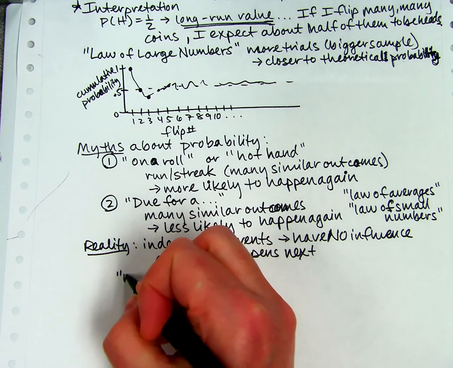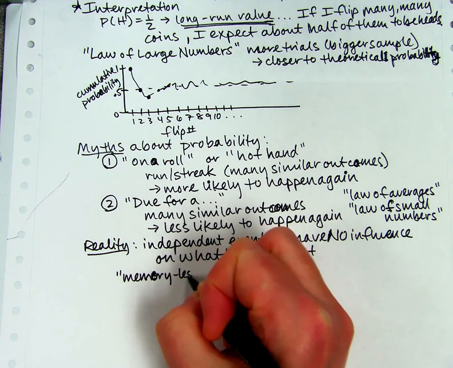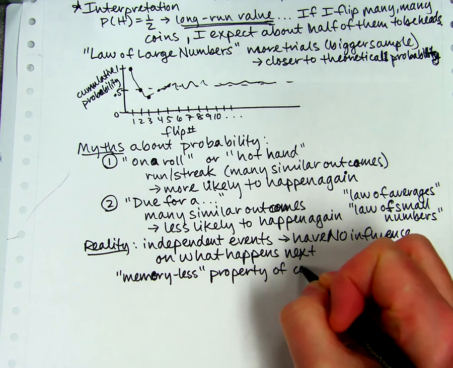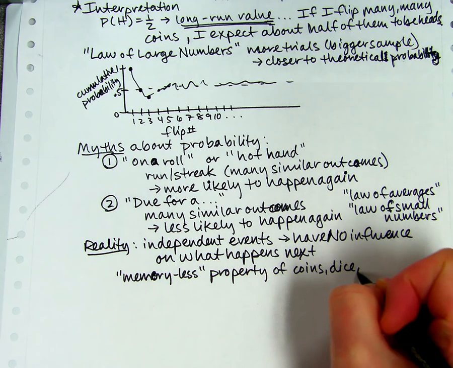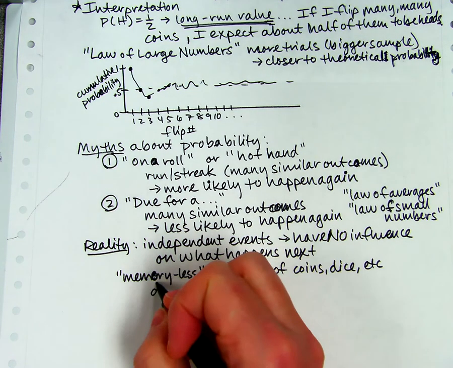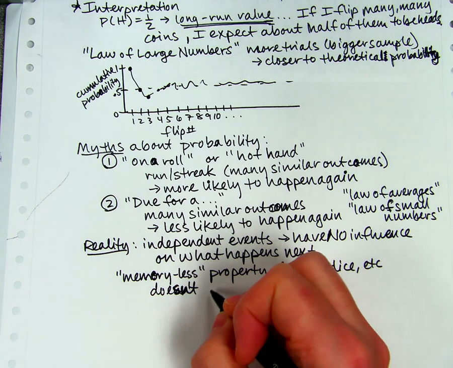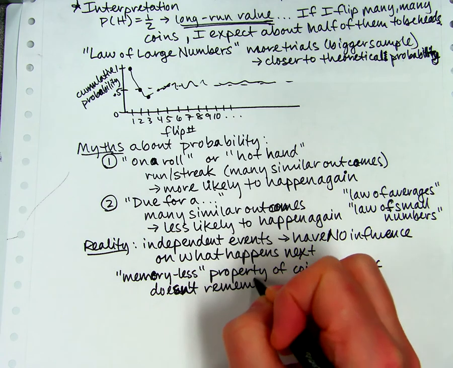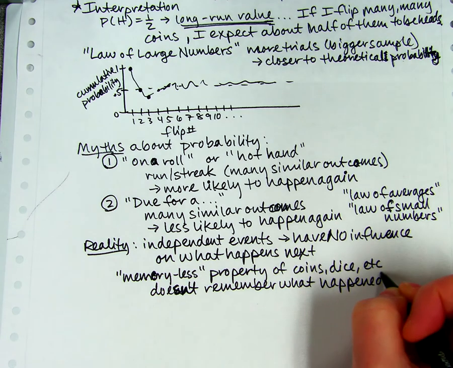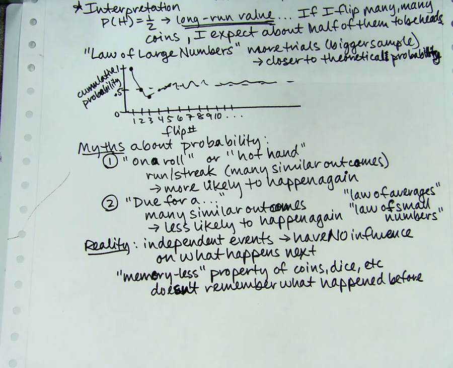And that's sometimes called the memoryless property of coins or dice or whatever, where the coin or the die has no brain, of course, and so it doesn't actually remember what happened before and try to make it the same or different. And so therefore it can't change its probability of what's going to happen next.